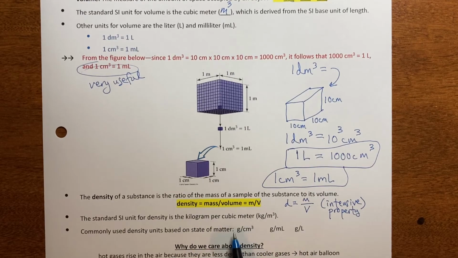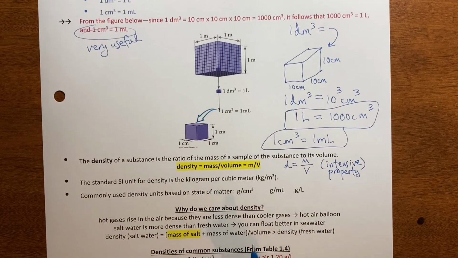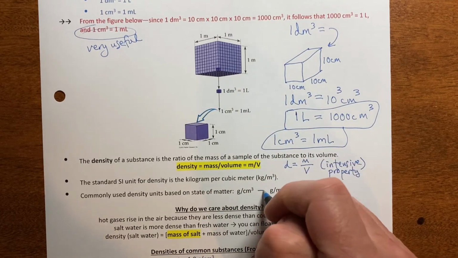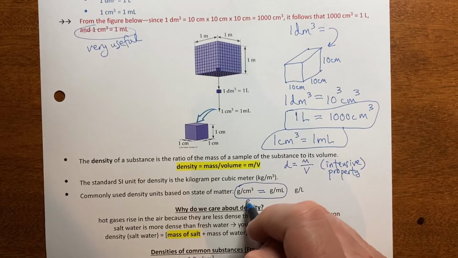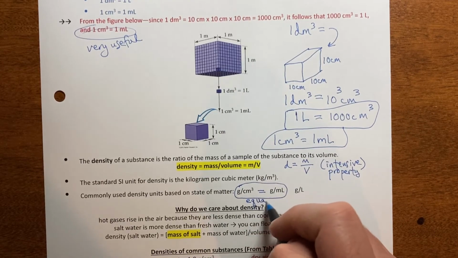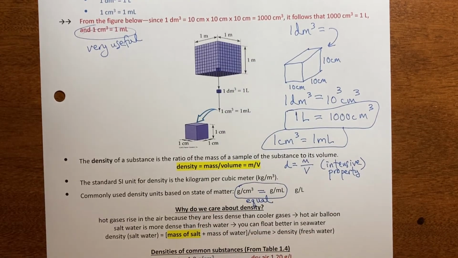But more conveniently for us, it's better to think of density expressed in either grams per cubic centimeter or grams per milliliter. And those are exactly equal units. So it doesn't matter if you use either of those, you're expressing density with the same relative size.